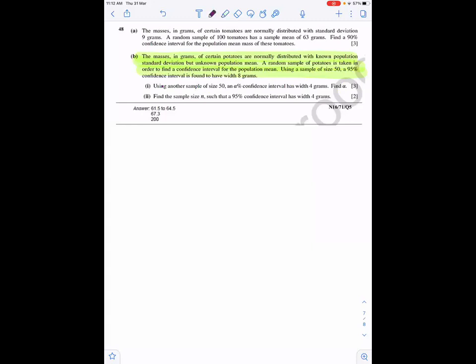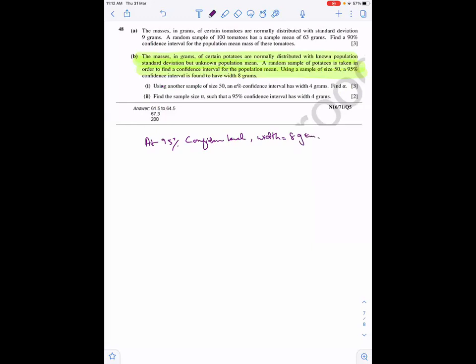They are saying that at 95% confidence level, width equals 8 grams.